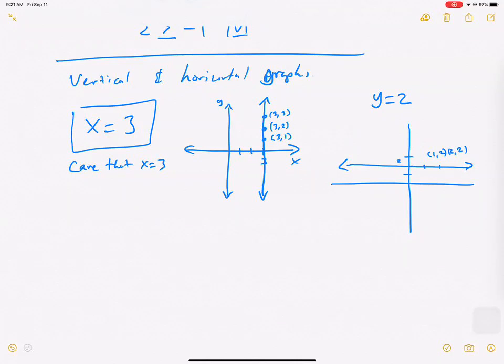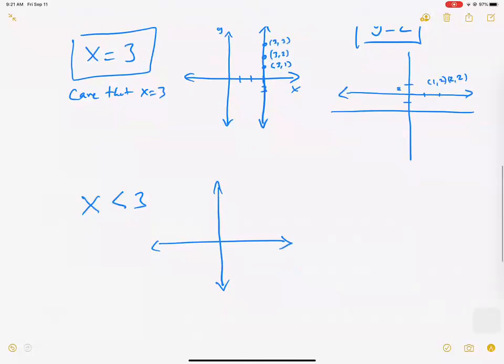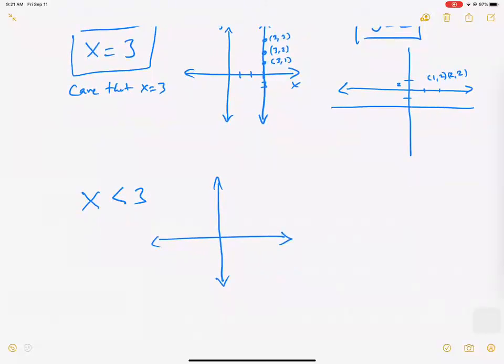Okay. So to put this into inequality mode now, let's do x first. If I say x is less than 3 now, horizontal or vertical line, we're looking at this and we're saying it's an x value.